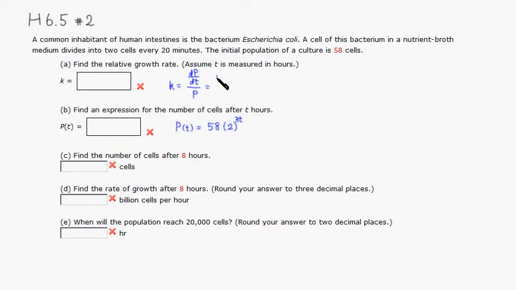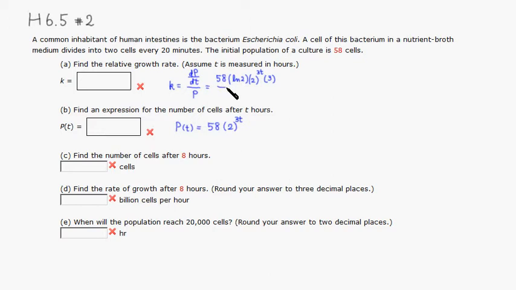It's going to be 58, and the derivative of that is the natural log of 2, then 2 raised to the 3t power, then multiply by the derivative of 3t, which is 3.